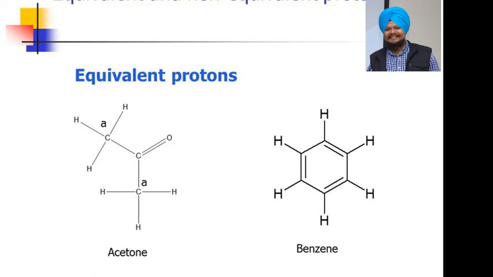Similarly, the hydrogens of benzene are equivalent in nature, because each hydrogen is surrounded by two carbons with alternate double bonds. So the environment of these hydrogens is the same, and same environment means a single peak.